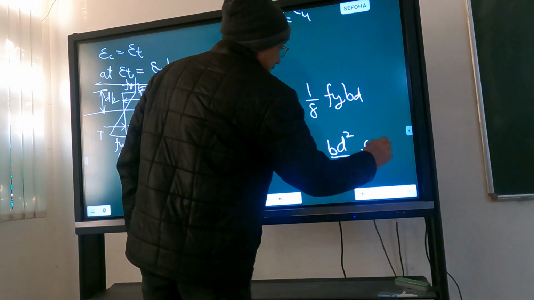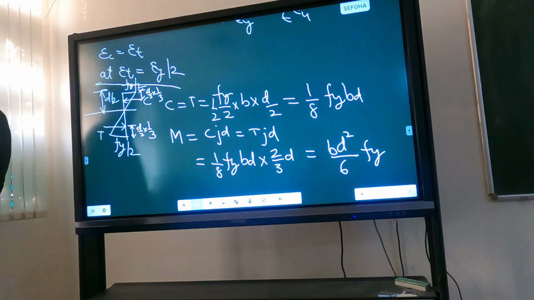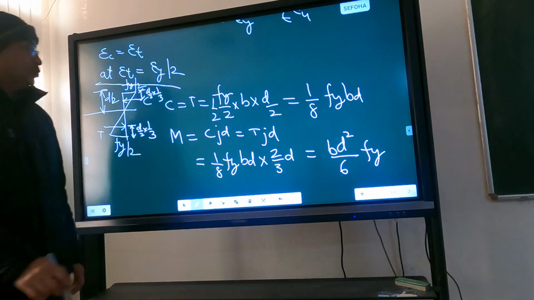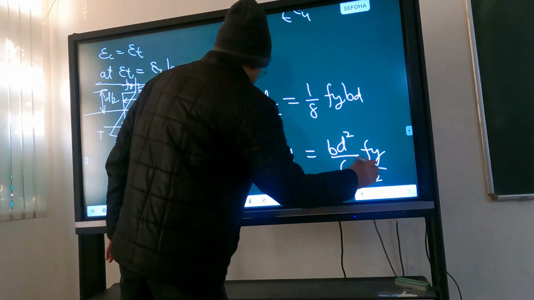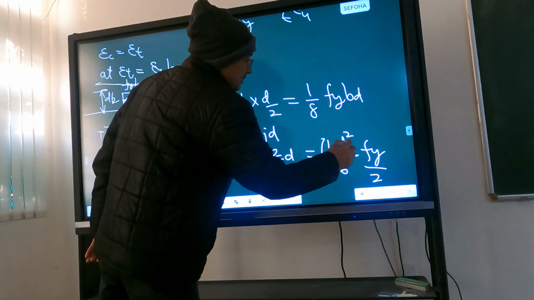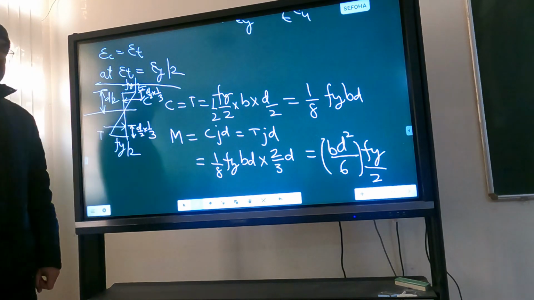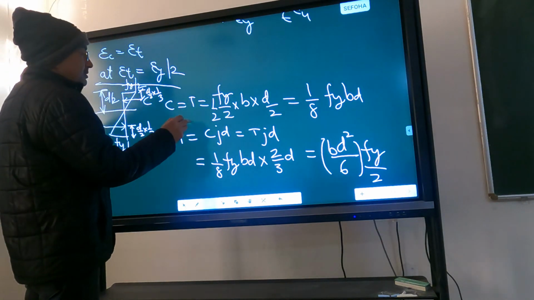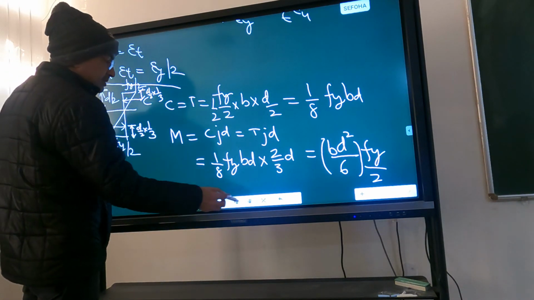into Fy by 2. What is this b d square by 6? You remember? Elastic section. This is elastic section modulus.